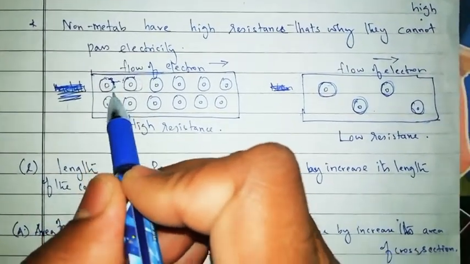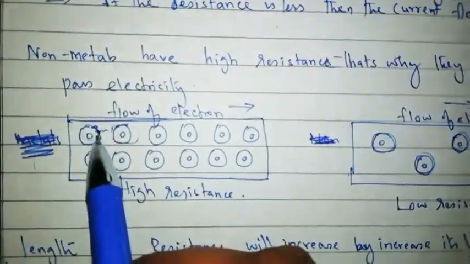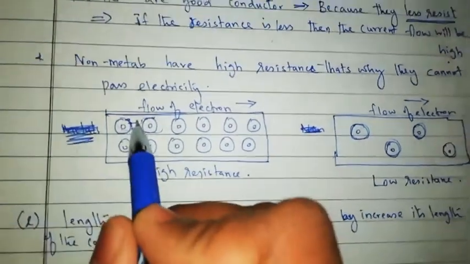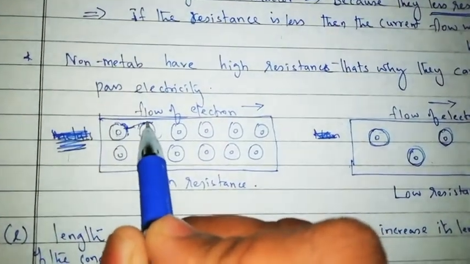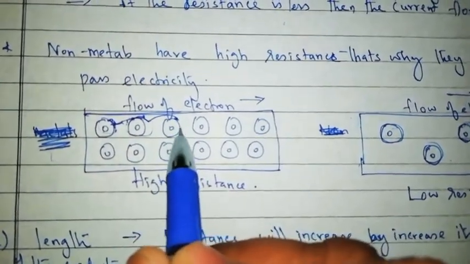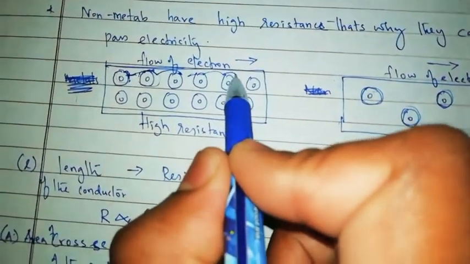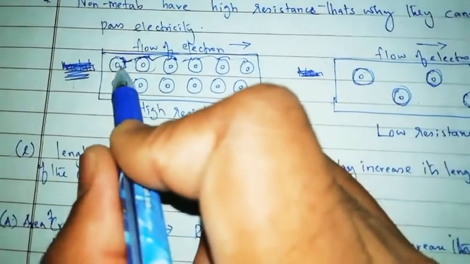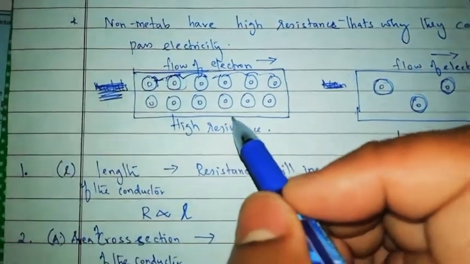In chemistry we also learned about the valence electron, which is on the last shell, right? So these electrons try to jump into the last shell of the other atom, and then again jump into the next atom, and they keep on going. This is how the flow of electrons goes in an electric conductor.